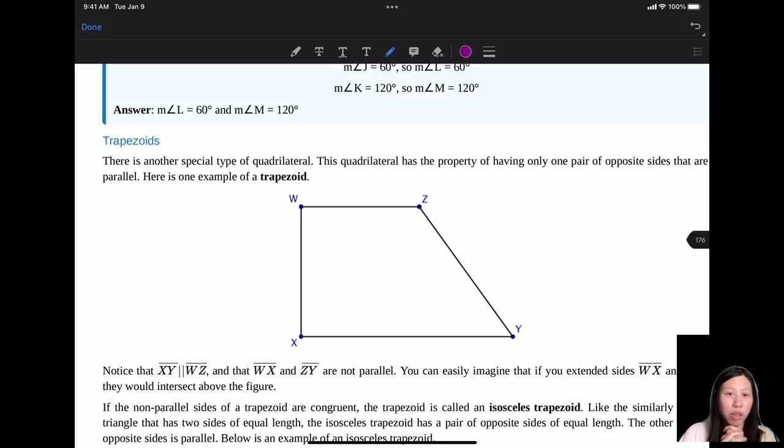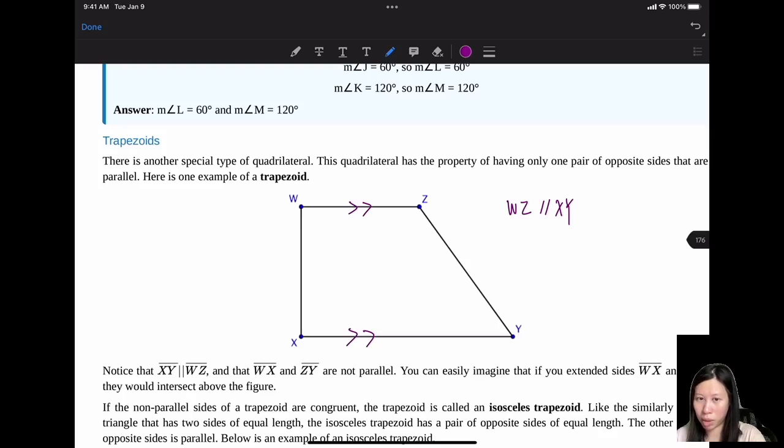Another special type of quadrilateral is called a trapezoid. A trapezoid has this property: only one pair of opposite sides is parallel. These two are parallel, shown with two arrows. So as long as a quadrilateral has side WZ parallel to side XY, we call it a trapezoid.